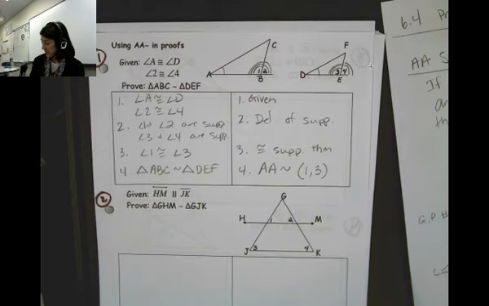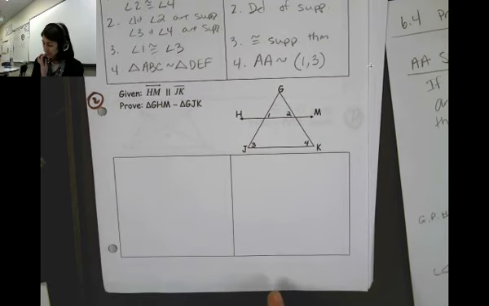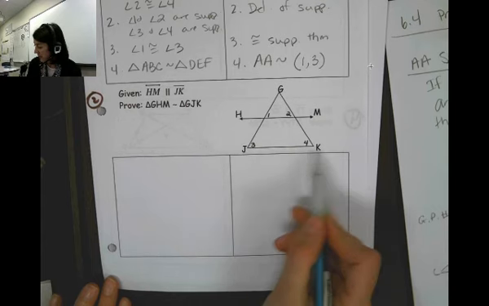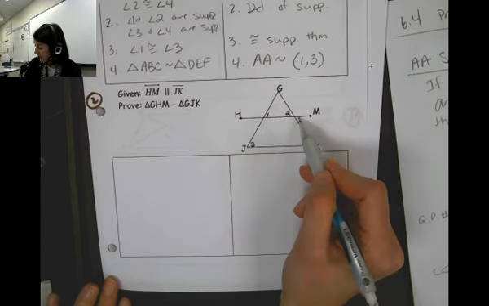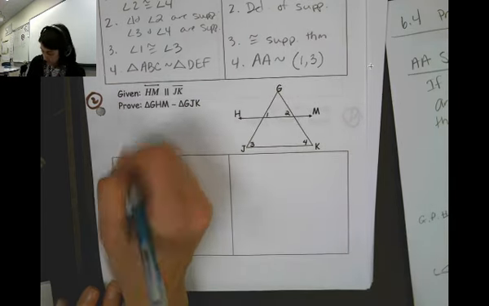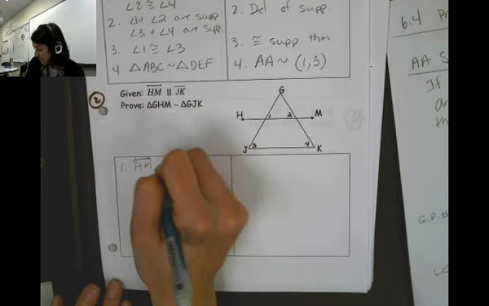All right. Jumping down to the second proof. Now I know that line HM is parallel to segment JK, and I want to prove triangle GHM similar to triangle GJK. So I'm going to once again put down my given.